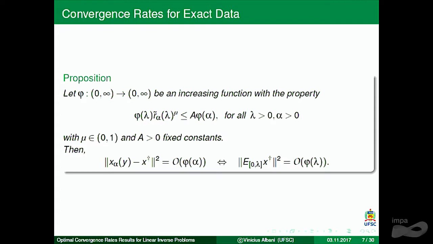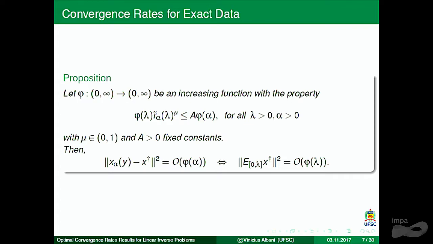So now we have the first result. It's just the equivalence between the convergence rate with noiseless data and the asymptotic behavior of the so-called tail function. If the tail function has this behavior, this decay, then we have this convergence rate, and vice versa.